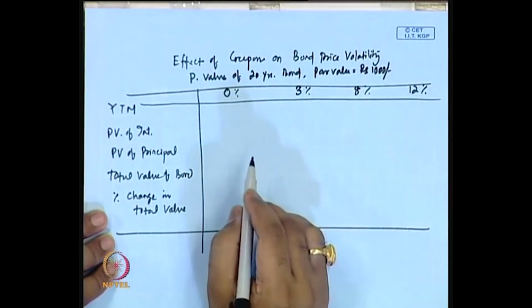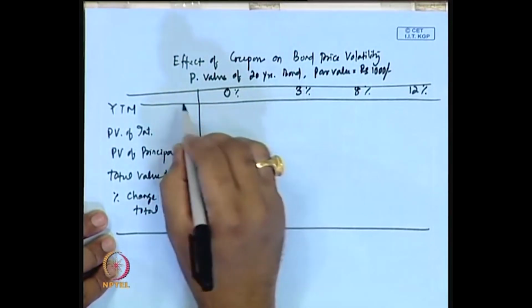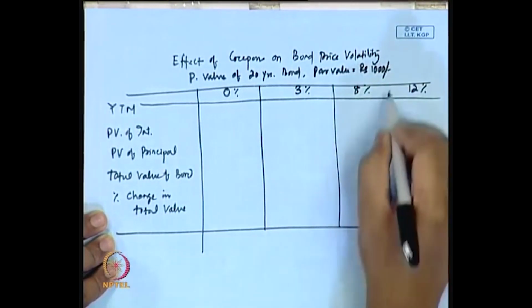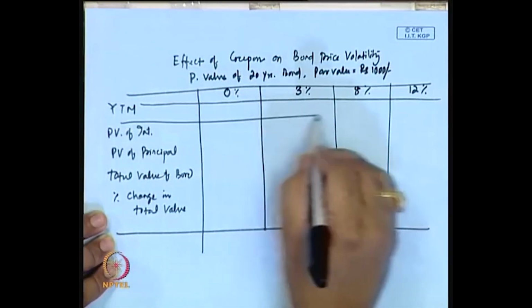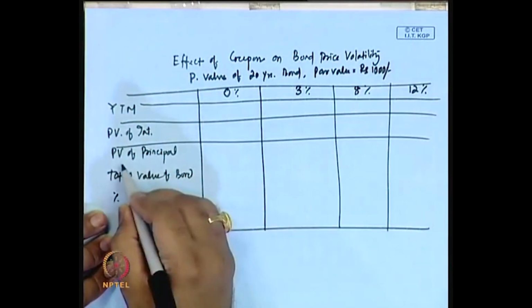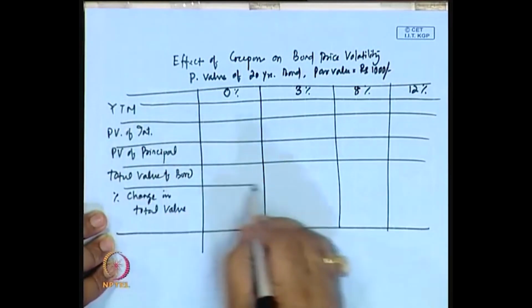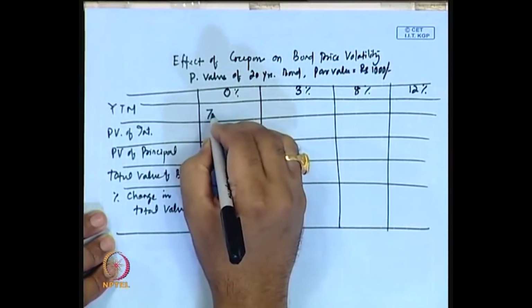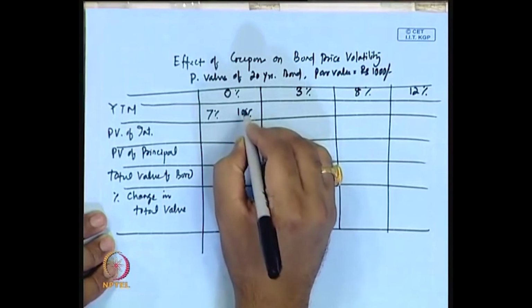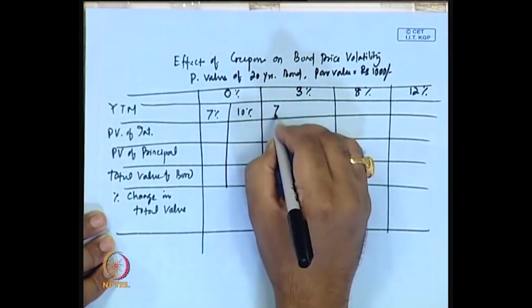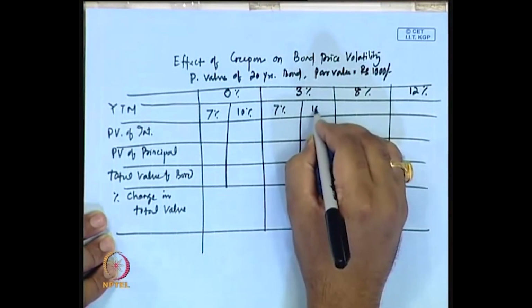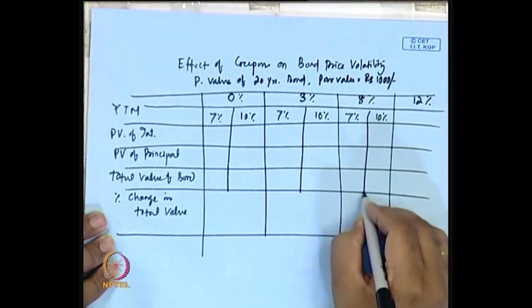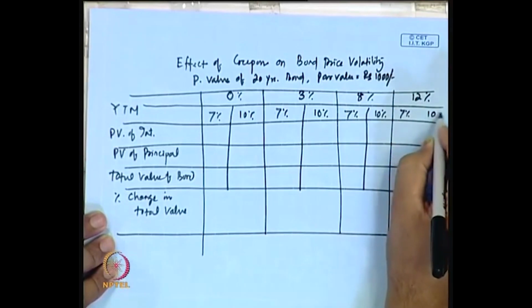These are the different coupons, and the YTM we have already taken at 7% and 10%. So it is 7%, 10%, 7%, 10%, 7% and 10%.